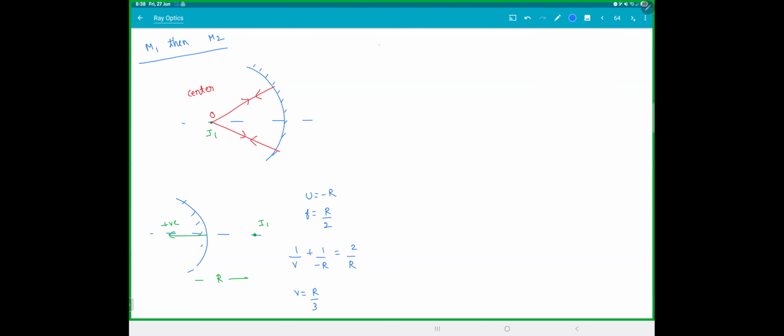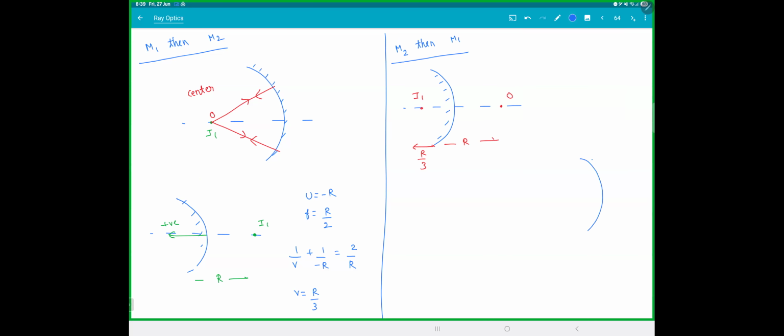Now do the same thing for M2, then M1. Luckily we have already finished the first part. So first you have to find the image in M2. O is the object, this distance is R. This is the same thing we just now calculated. So this image will be I1 here, at R by 3. This I1 will act like an object for the concave mirror.